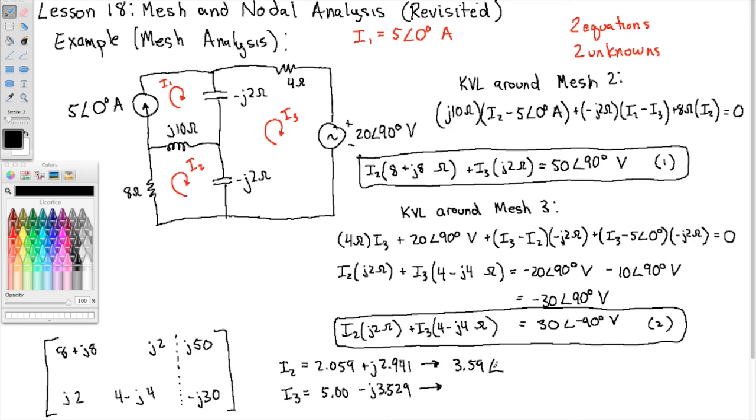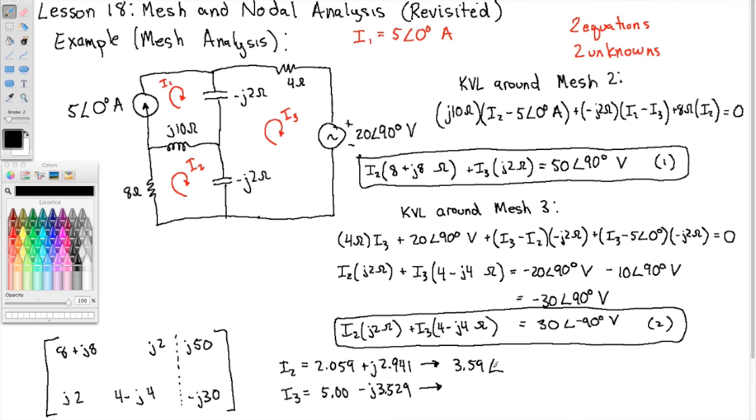And let's get its angle. Remember you can do the inverse tangent of 2.941 divided by 2.059.